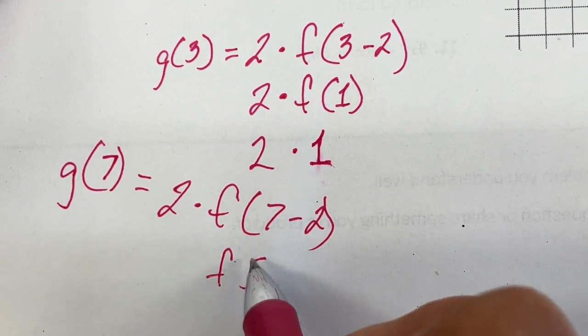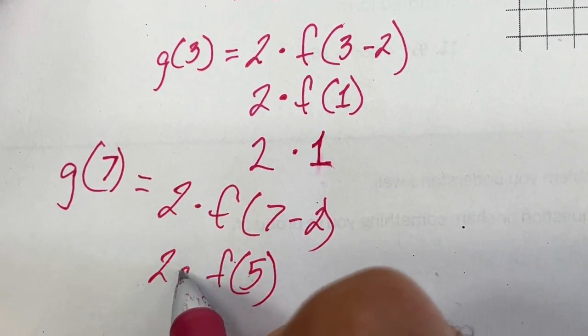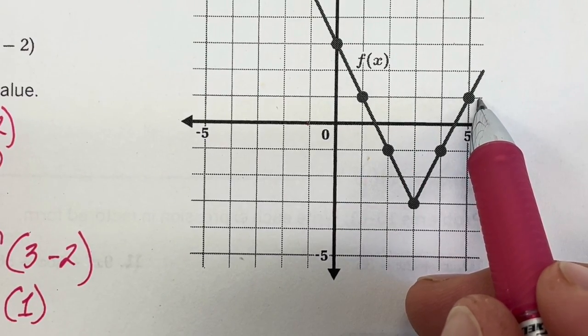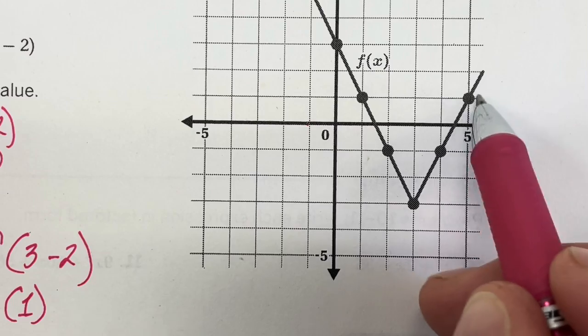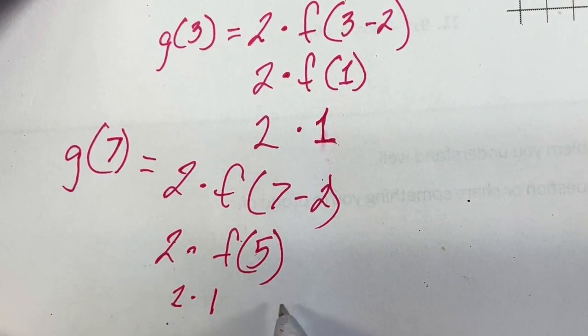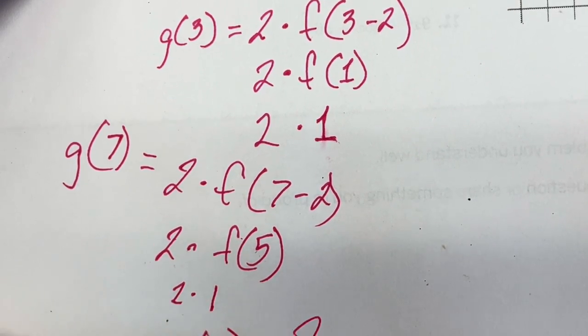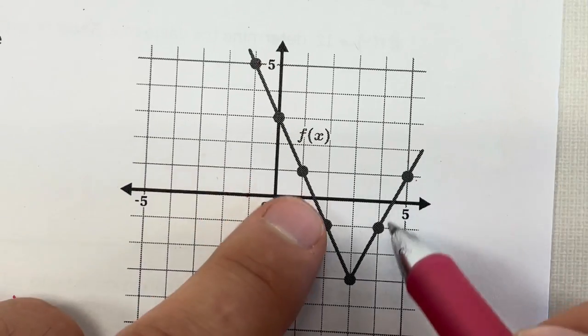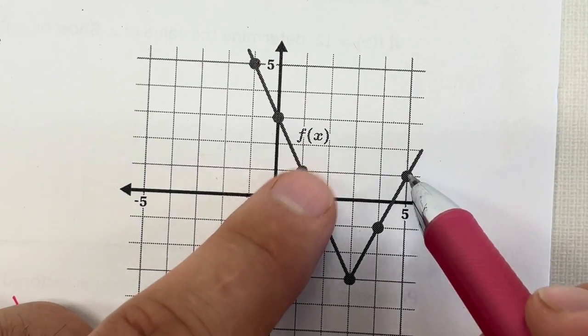So we're really going to the f function at 5, and then we're going to double it. The f function at 5 is 1. Oh man, same answer. And we're going to double that answer of 1 to get 2. So 2 times 1 is 2. So g of 7 is also equal to 2. Same as g of 3. They both had the same output that then got doubled.